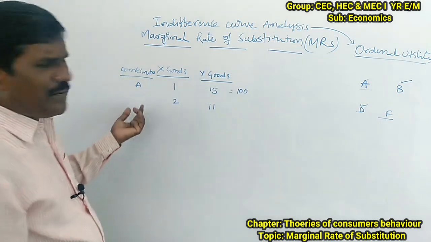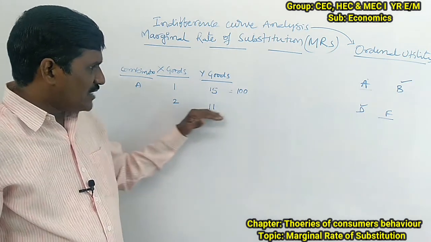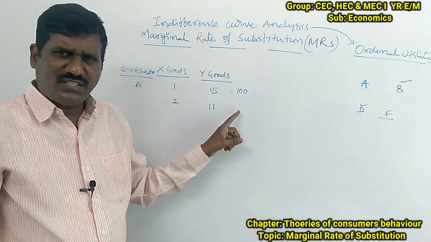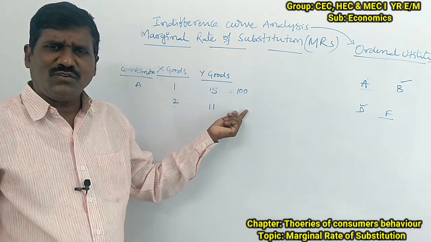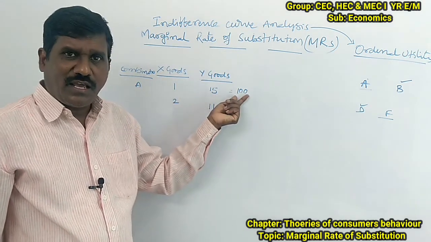In the same manner, the B combination will also give the same satisfaction. How much? It also gives 100 units of satisfaction. The first one gives us 100 units of satisfaction.